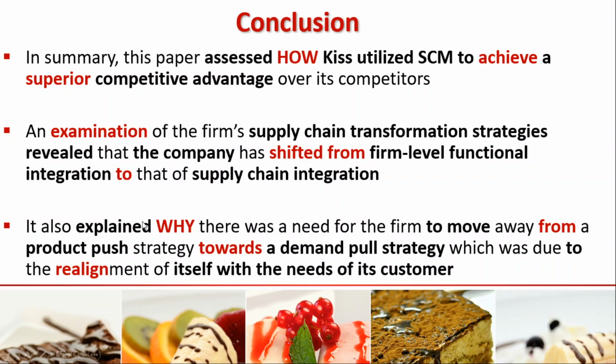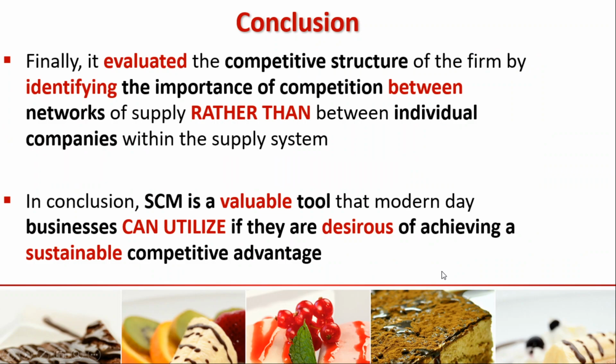It also explained why there was a need to move from product push towards a demand pull strategy, and this was due to realigning itself with the needs of its customers. So you give the reasoning behind it here as well. And lastly, it evaluated the firm's competitive structure by identifying the importance of competition between networks.